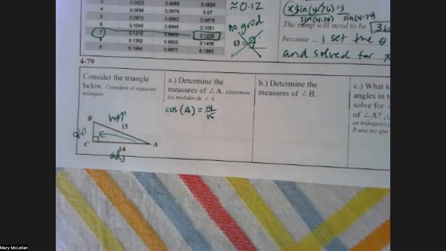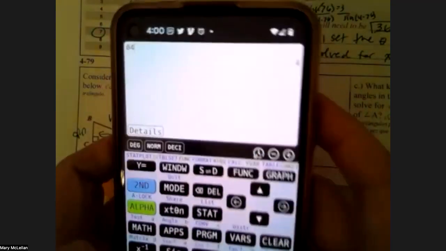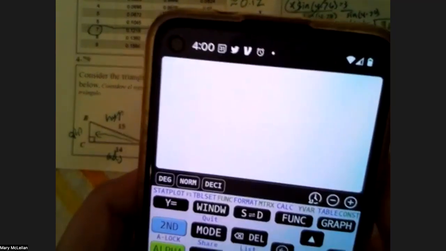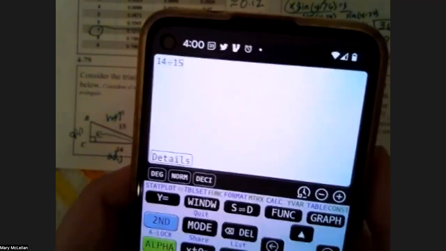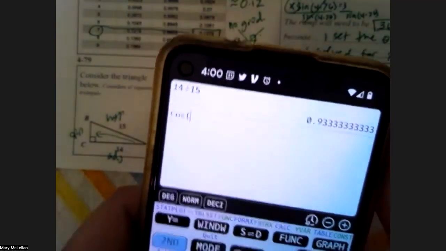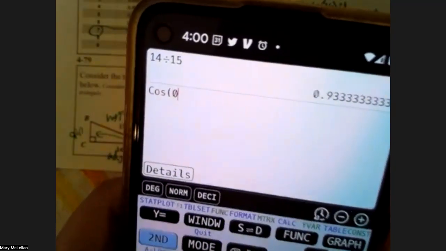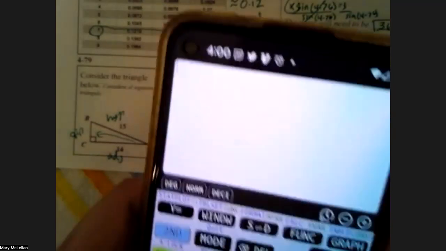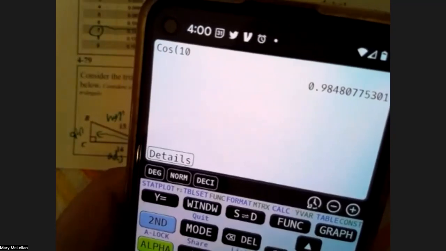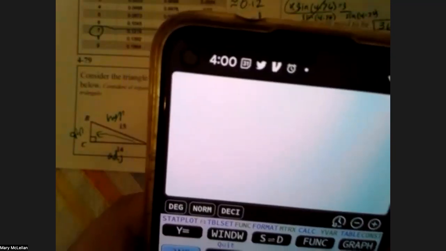And I'm going to use guess and check. That's almost 1. Let's see. First, let's do 14 divided by 15. Like 0.93. And then I'm going to start guessing angles. Cosine of 10, 0.98. Cosine of 20, 0.93.